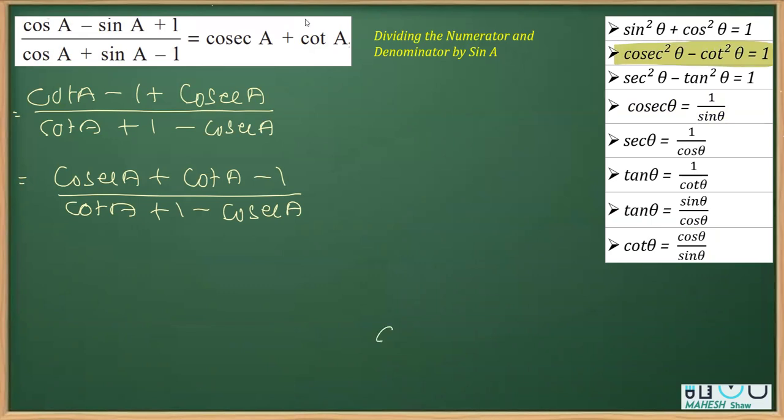As you know, A plus B when multiplied by A minus B is A square minus B square.